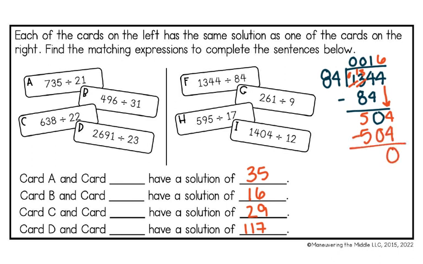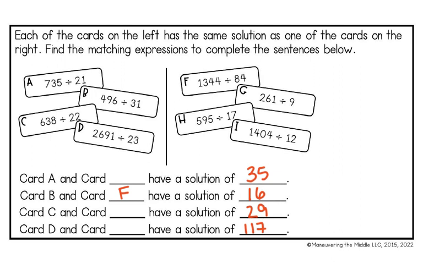Subtract, we get 0. So card F matches card B's answer, which was also 16. So card B and card F have a solution of 16.